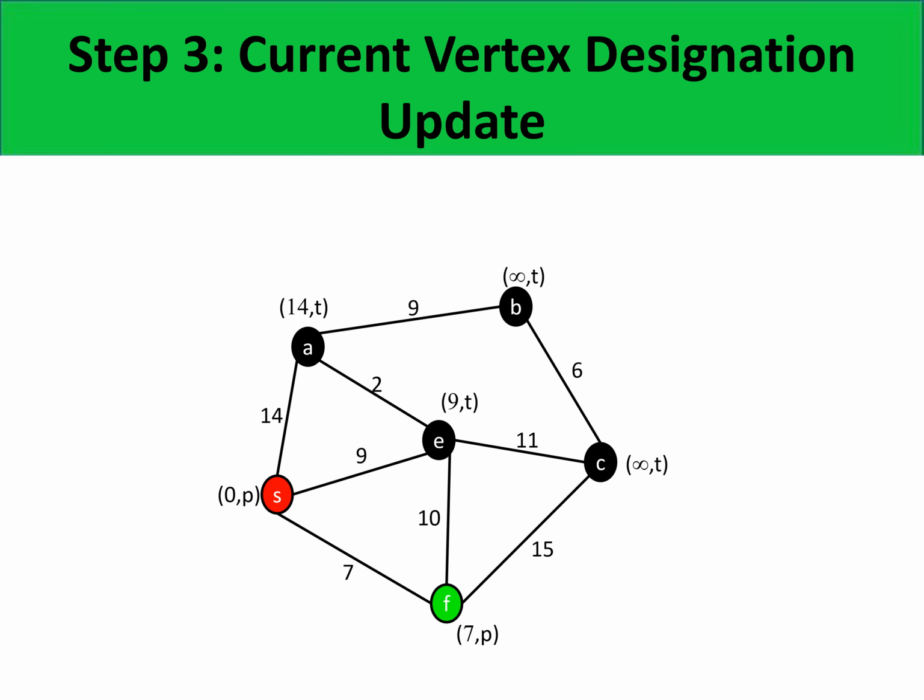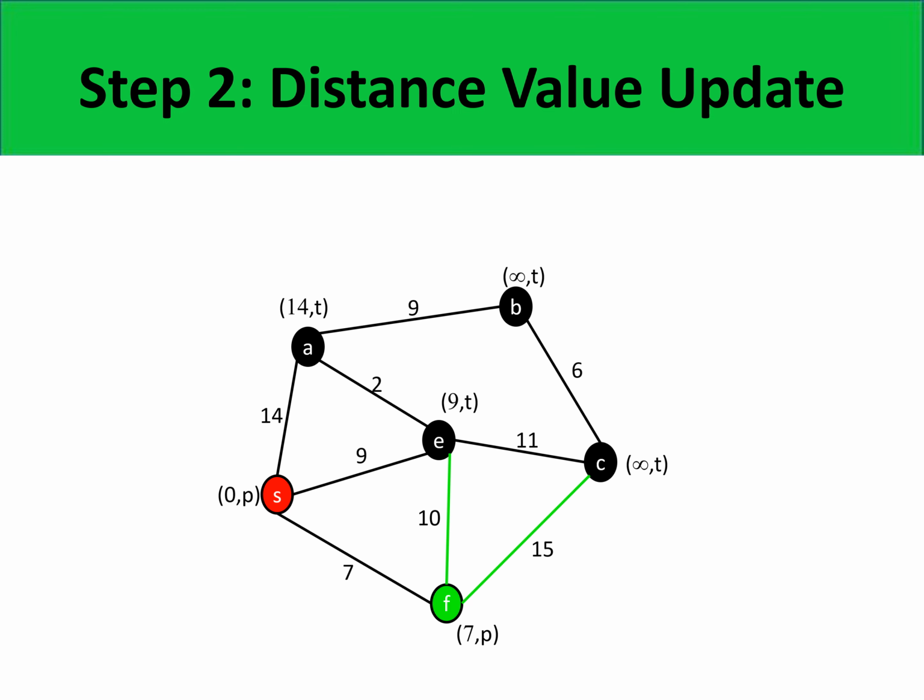Since the vertex F is our new current vertex, we change its color to green, while the starting vertex S color will be changed to red, which indicates that it cannot become a current vertex anymore in the succeeding steps. Now, since vertex E is adjacent to vertex F, and the vertex E is labeled temporary, we add 7 and 10 and compare it to 9. Now, 7 plus 10 is 17, but 17 is higher than 9.